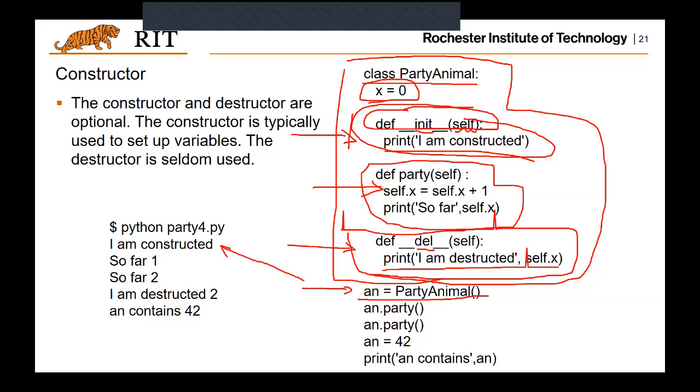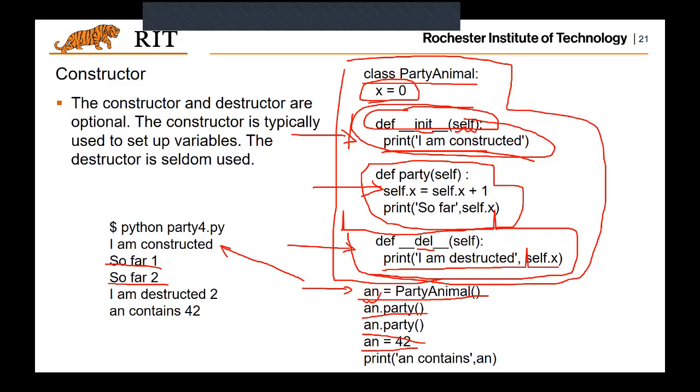When this constructor runs, it prints out this line: "I am constructed." All right, and then you call the party function twice, right? First time x is 1, and second time x is 2, and you print the information as well. Then you have this line. It's a little confusing here, right?